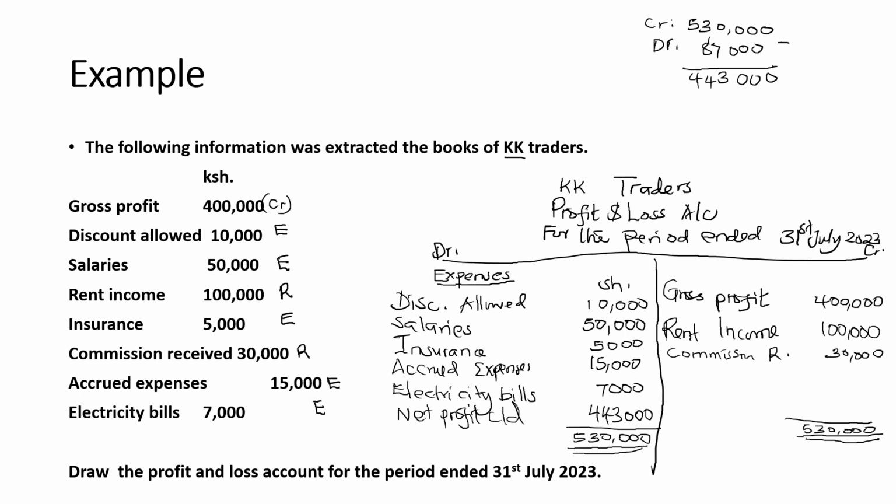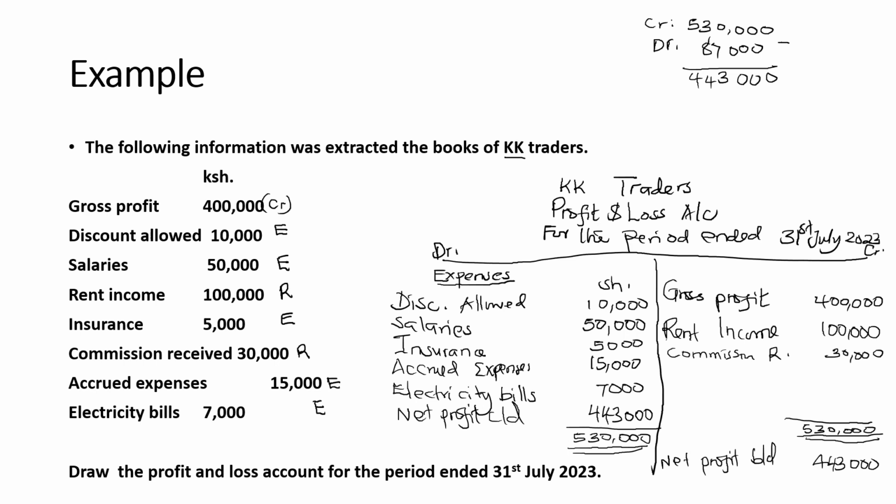Now, this net profit, you come and write it below the total on the credit side as the net profit brought down, 443,000. And you may ask yourself, where are we taking the 443,000?